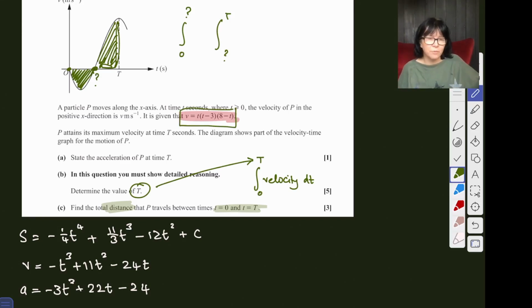So they sketched it for me, but I can see the equation, so I can see that it's a negative cubic. It's factorised for me, so I can see the roots are 0 and 3 and 8. So this must be 3, and then down there somewhere will be 8. And now I can go ahead and do my integration.